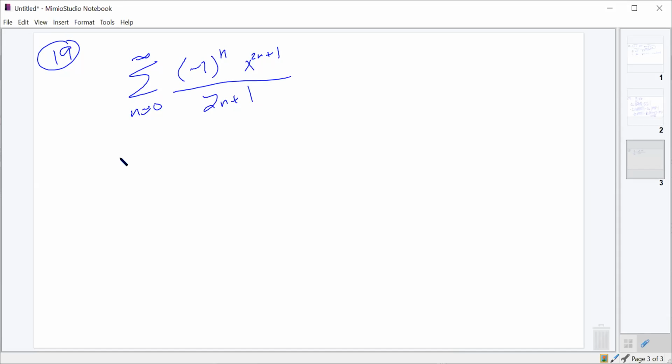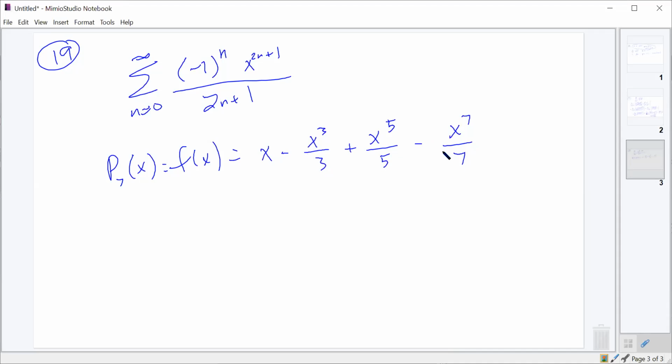So that should give us our 7th degree Taylor polynomial, which is f of x, which should be just when n is 0, just an x. And then when n is 1, we should get a minus x cubed over 3, and a plus x to the 5th over 5, and a minus x to the 7th over 7. Everybody agree with that?